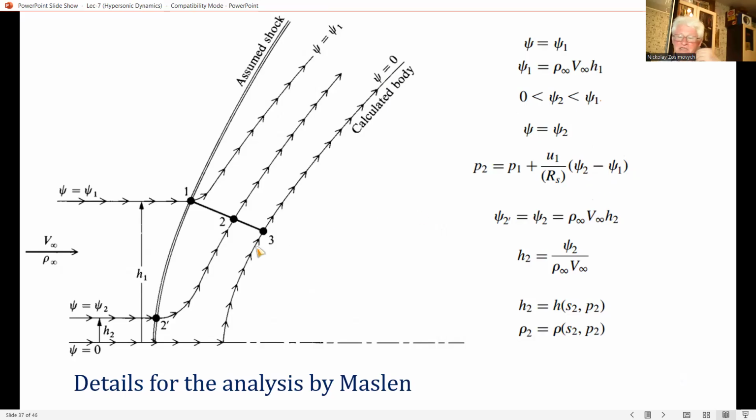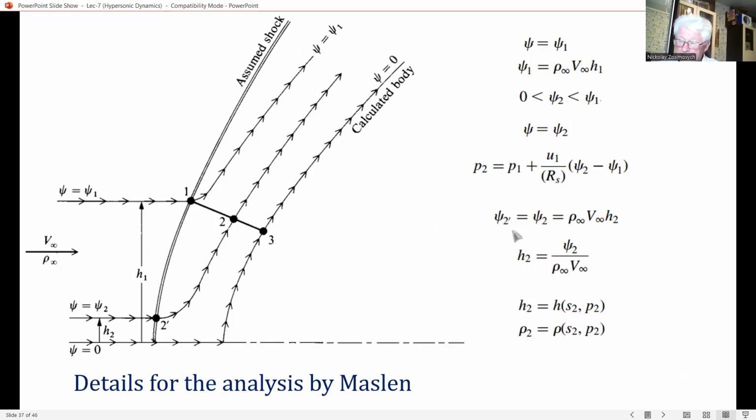Next, the entropy at point 2, s2, is known because the streamline at point 2, corresponding to psi equal psi2, has come through a point on the shock wave. Let's say shock wave point 2 prime, where psi prime equals psi.